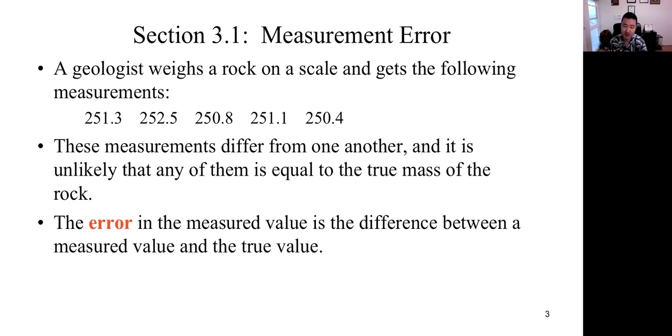The error in the measured value is the difference between a measured value, such as 251.3 or 252.5, and the true value. Again, the true value could be known or unknown to us. The difference between the measured value and the true value, we call that error.